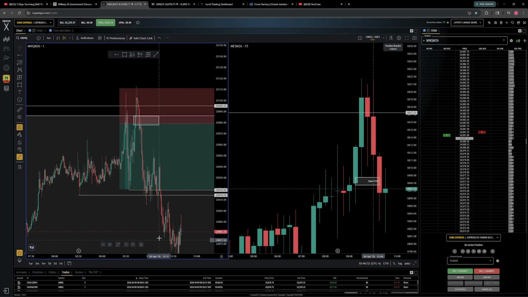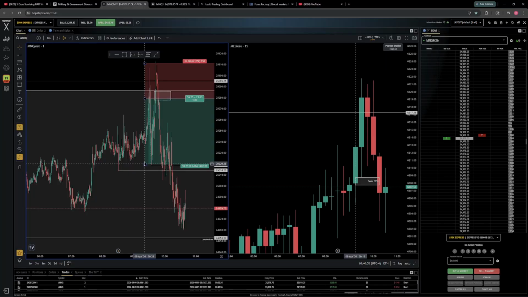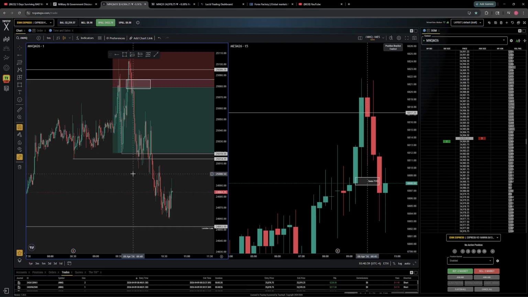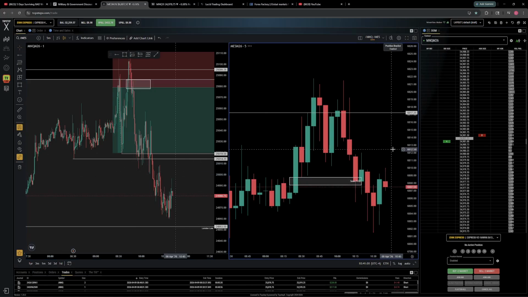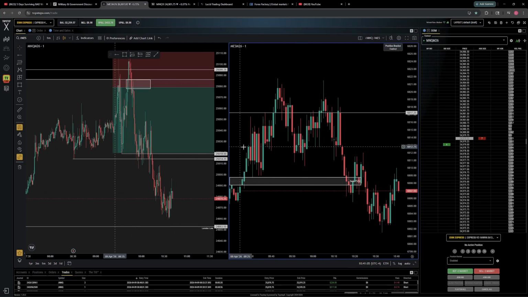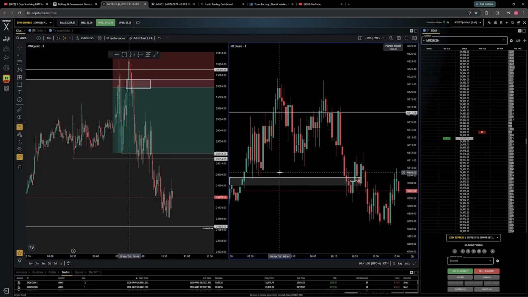And then I did think that we were going to go lower than just this because, one, at this time, ES was up in here and it had an unmitigated 5 minute down below. So I wanted ES to hit that.